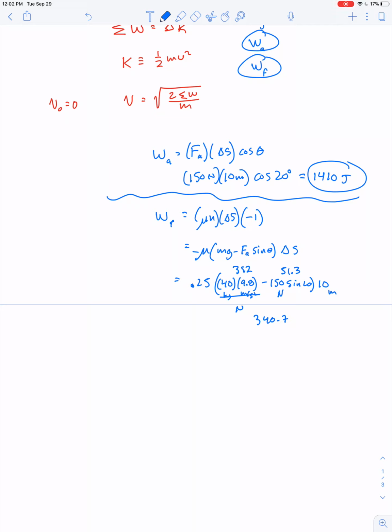And that gives us a total work done by friction of negative 851.75 joules. So the net amount of work is 1,410 joules minus 851.75 joules. And we'll round off and call that 558 joules of net work.